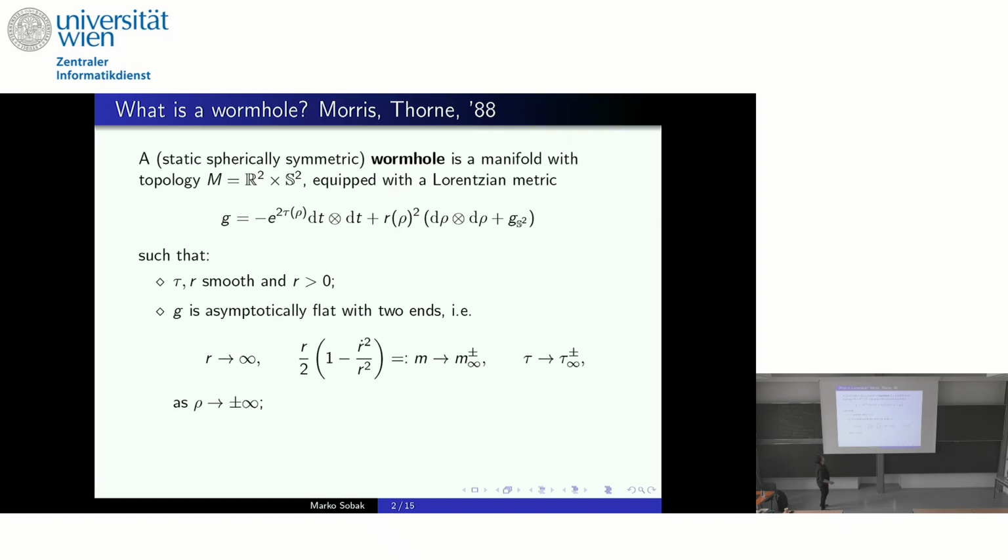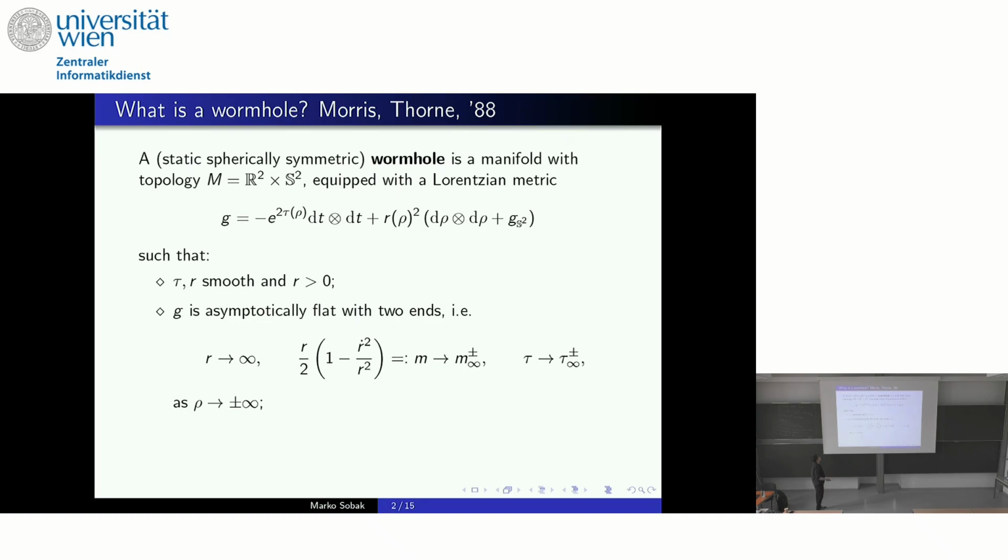Because you would like the metric to converge to the Minkowski metric, but you have to just assume finiteness. For the wormholes that we will discuss later, we will be able to go to 0, though. And I should mention that here and throughout the talk, the dot will denote derivative with respect to rho. So everything will essentially depend only on this generalized radius coordinate.